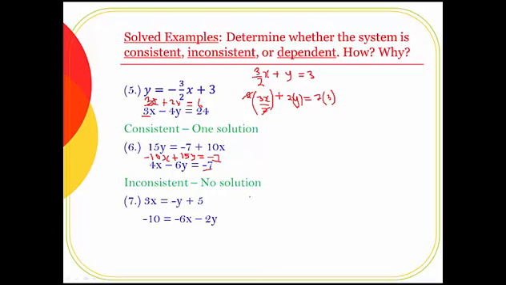Now this one, let us line it up. This will be 3x plus y equal to 5. Let's line it up x first, then y on the left hand side. Then if this comes here, this is 6x plus 2y equal to 10.